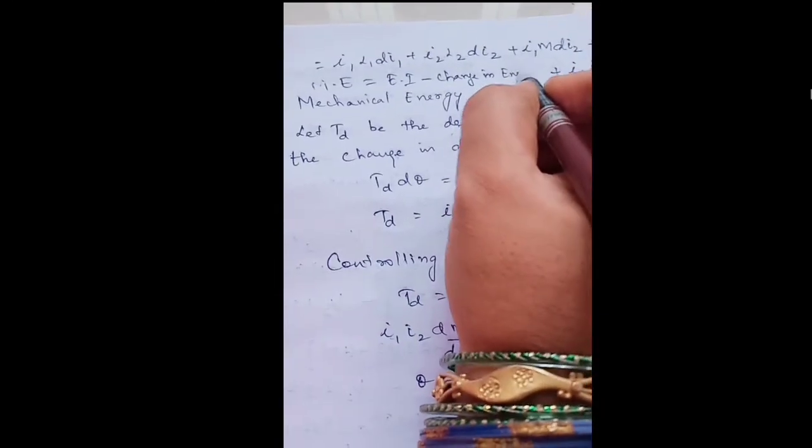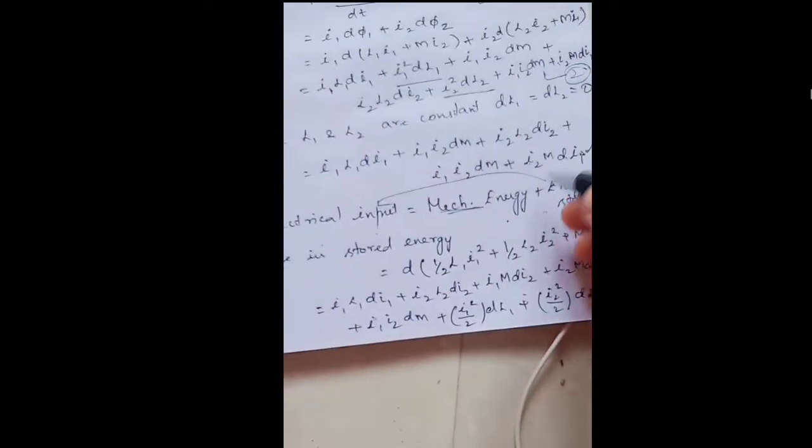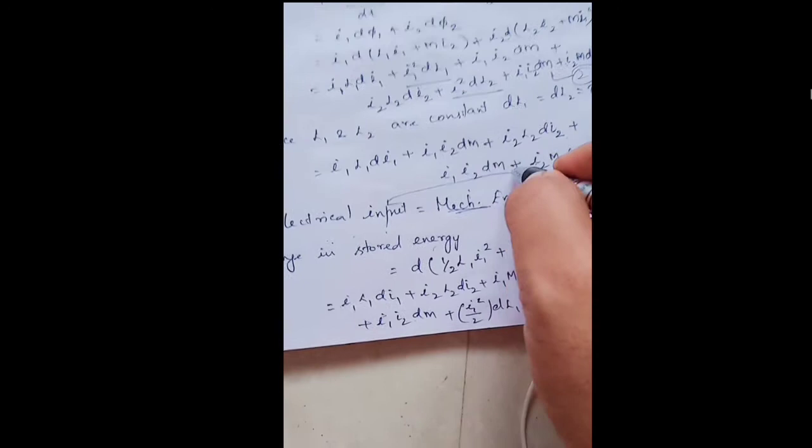So after subtracting these two equations, I am going to subtract this equation from this equation. So the resultant equation for mechanical energy would be I1 I2 dM.